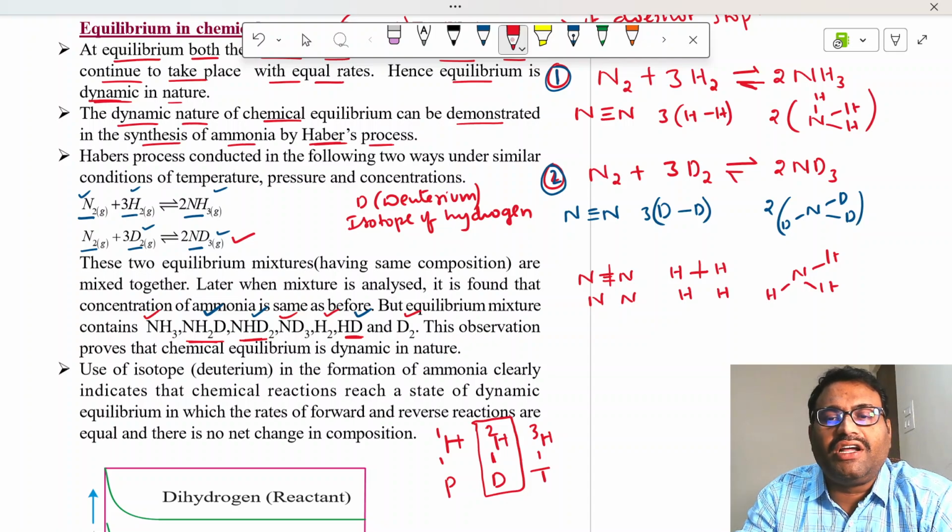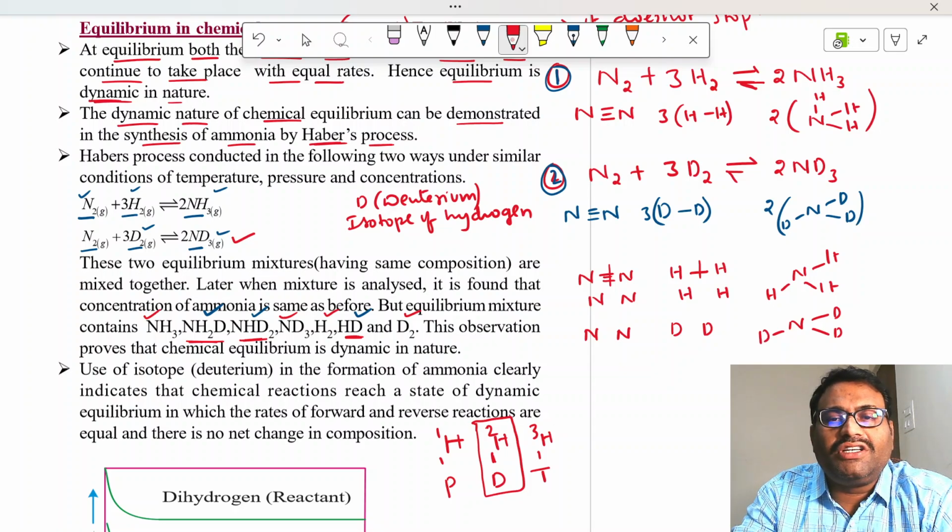First the molecule must convert into atoms, then these atoms combine to form a new molecule, NH3. Here also, nitrogen atoms and deuterium atoms form ND3.